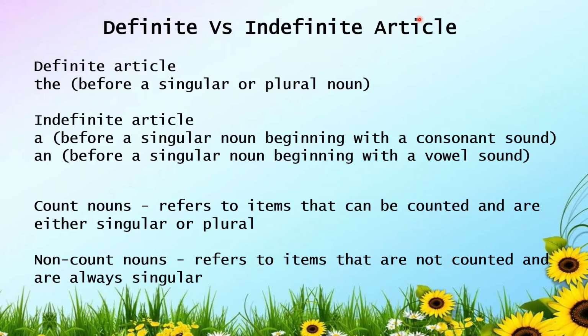Therefore, according to the rules applying to non-countable nouns, the word water would use no article, not the, not a. So you need to know the specific rules about the use of the, an, and a here.